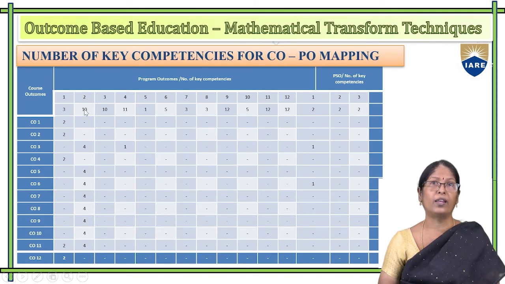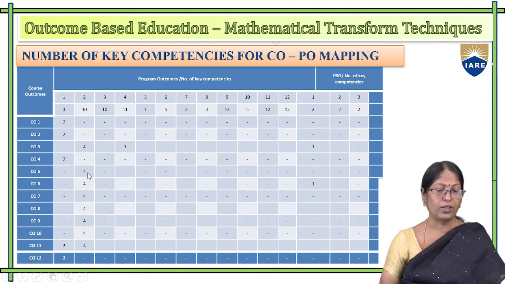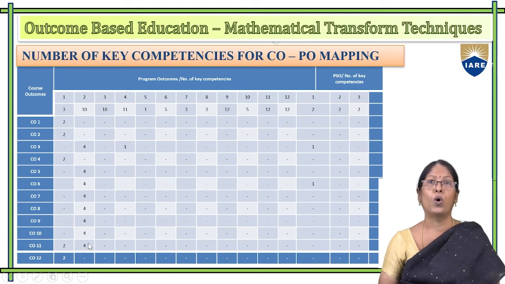It has 10 elements. Our CO3 satisfies 4 elements, and CO5, 6, 7, completely up to 11, all satisfy 4 elements. CO3 is not there, it is not connected at all.